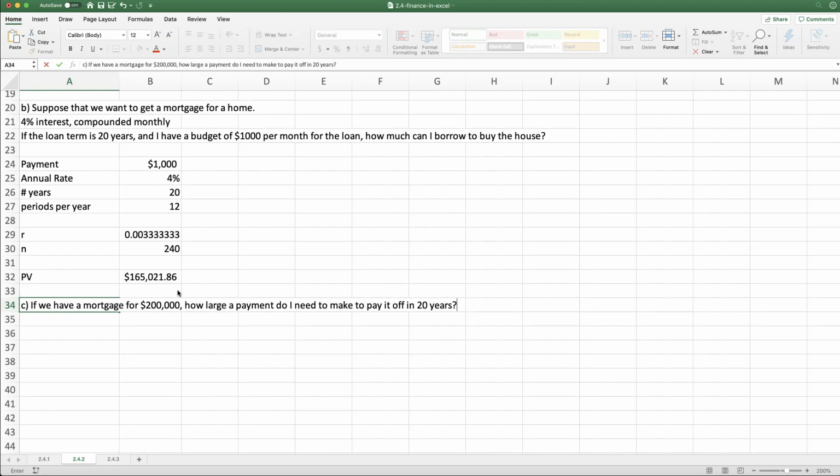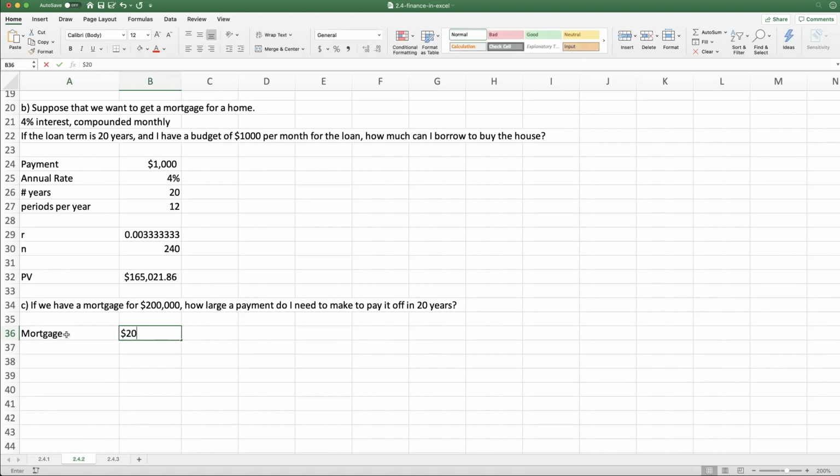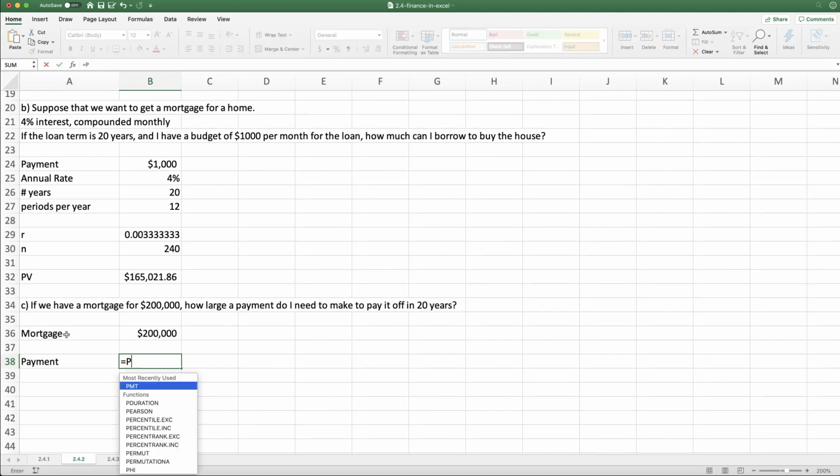Of course, I'm going to be using the same 4% interest and the same monthly compounding. Let's add the mortgage amount to our spreadsheet for referencing. And now let's compute the payment required to pay this off in time over the 20 years. Instead of using the annoying manual payment formula, we're going to use Excel's built-in PMT function, payment, which is going to very easily calculate the payment required to pay off a loan in a certain amount of time under a certain interest rate.